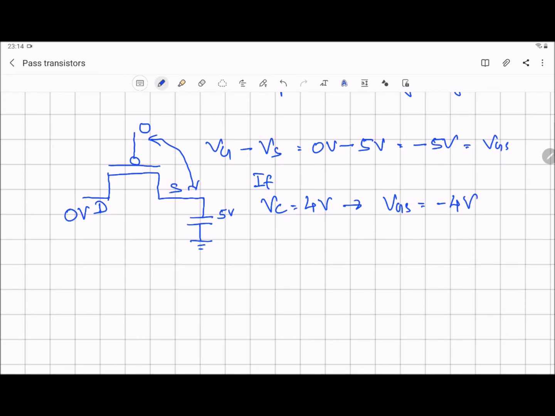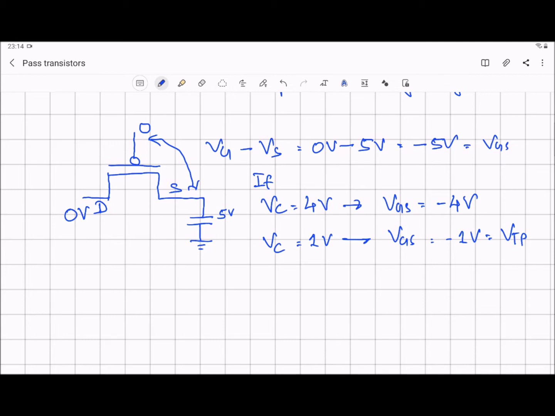Similarly, if this discharge process continues and the voltage across the capacitor is 1 volt, this leads to the VGS value equal to minus 1 volt, which is equal to VTP. If voltage decreases beyond minus 1 volt, let us suppose 0.9 volt, the transistor will be off.